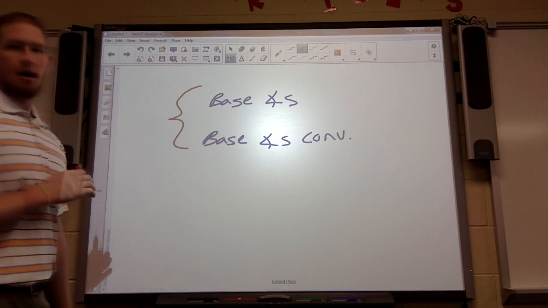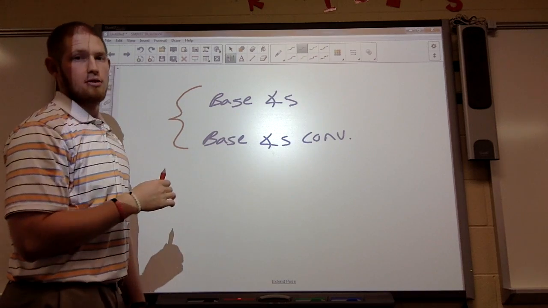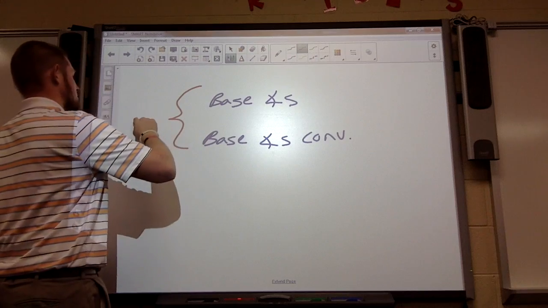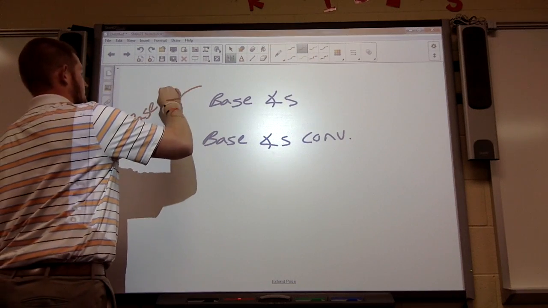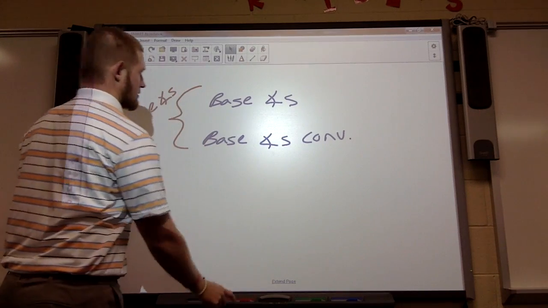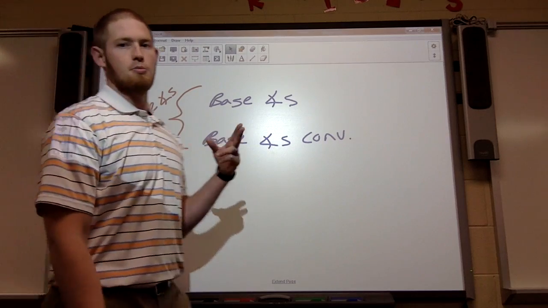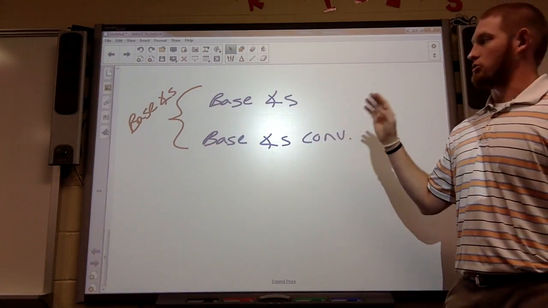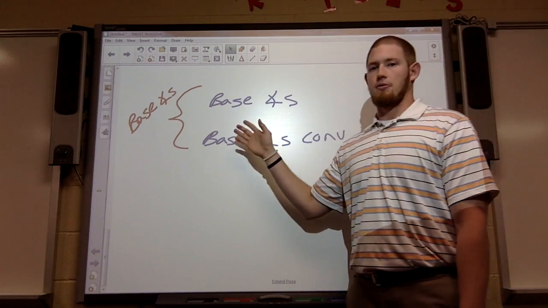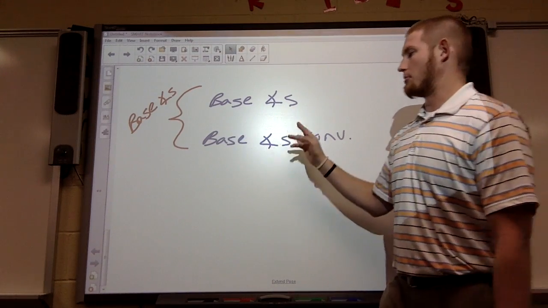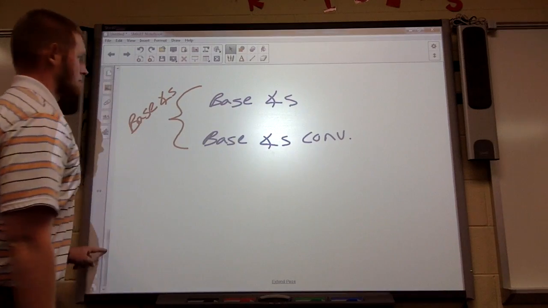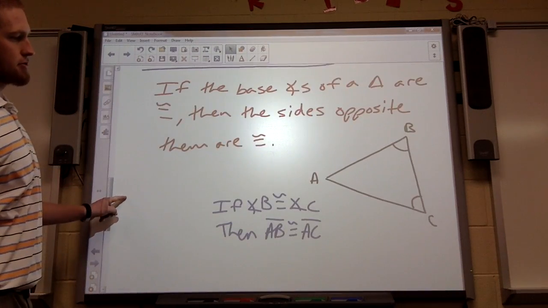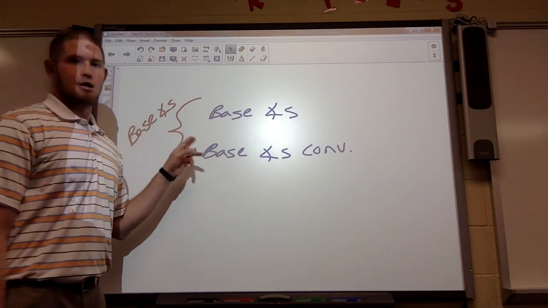When you write these as theorems in your proofs, either one of them, it doesn't matter which one it is, you can just say base angles. So you do not have to distinguish between the base angles theorem and the base angles converse theorem. You just need to know that these things happen because of base angles. You're either going to know your sides are congruent or you're going to know your angles are congruent. Regardless, you can just say base angles.